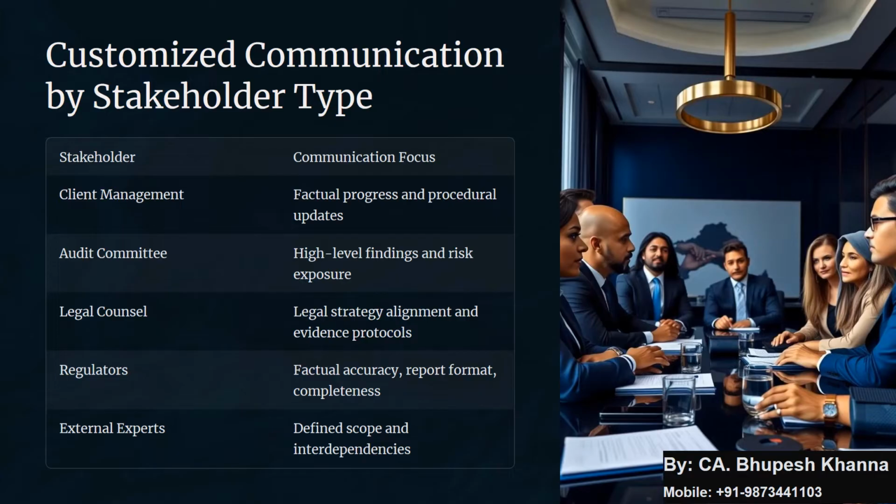Second, audit committee. It is high-level findings, risk exposure. Third, legal counsel. Alignment with legal strategy, evidence protocols. Fourth, regulators. Factual accuracy, format, completeness. Fifth, external experts. Clearly defined scope and interdependency.